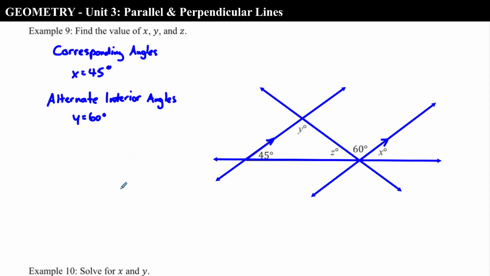Now, to find z, it's going to take a little bit more work. Z is here. So let's use supplementary angles, because z, 60, and x all together should equal 180 degrees. So this is going to be done with supplementary angles.